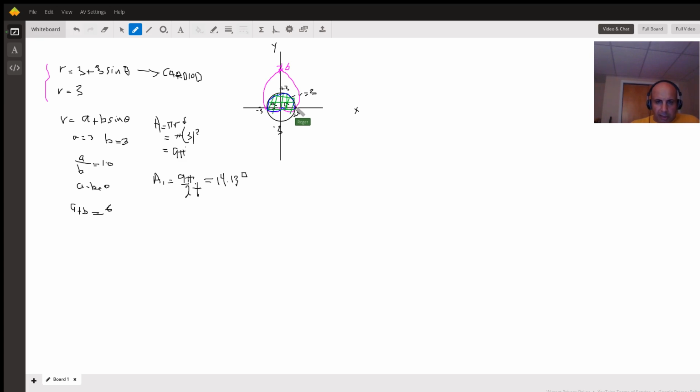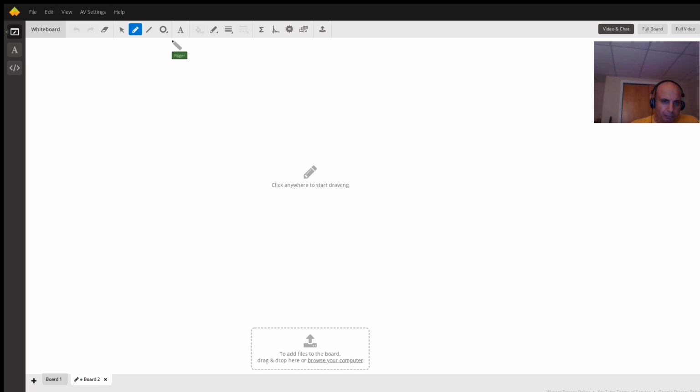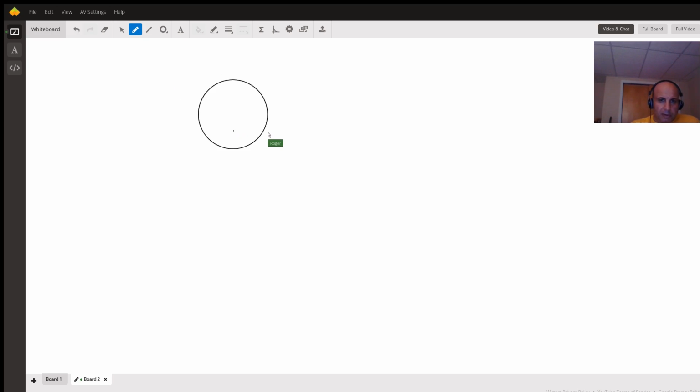Therefore, now I'm going to draw a bigger picture of that. I'm going to go to board 2. I'm going to draw a much bigger circle. I'm going to draw the x-axis and the y-axis.